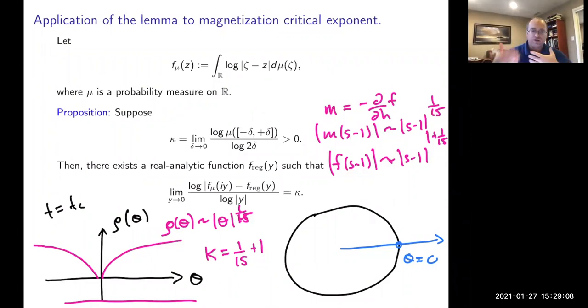So I just want to show you that this proposition is really useful, and it connects how sporadic the measure is on the circle with how singular your free energy is as you cross transversely through it. That's what I'm trying to demonstrate.